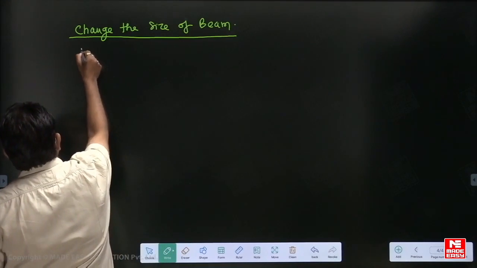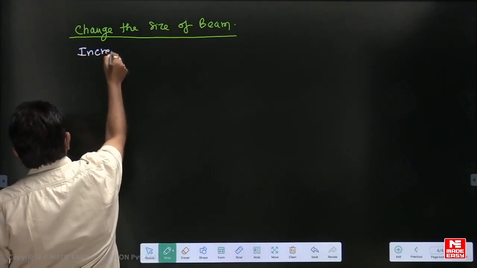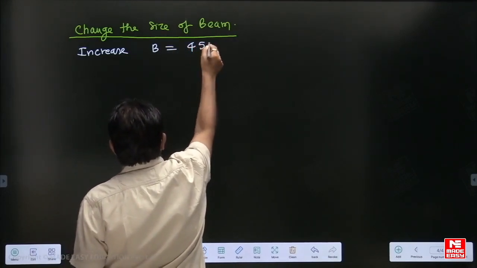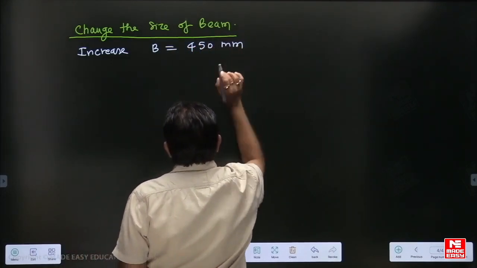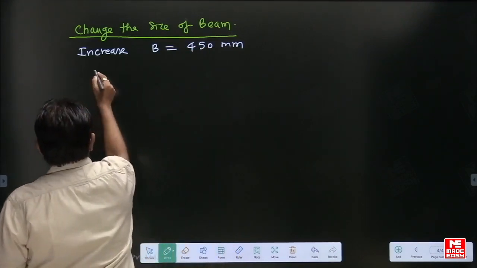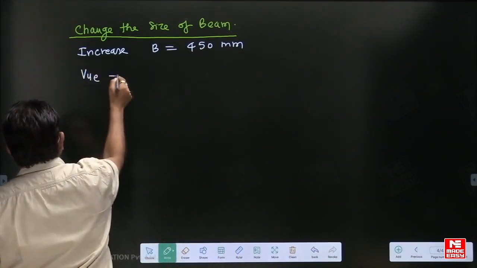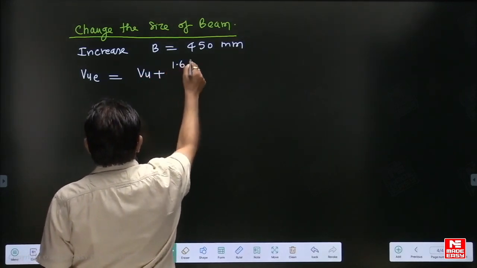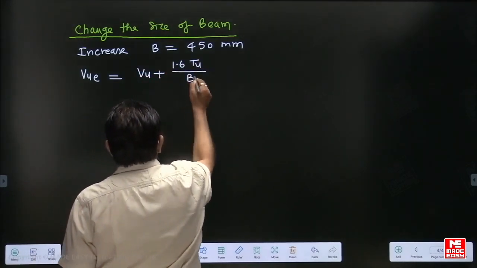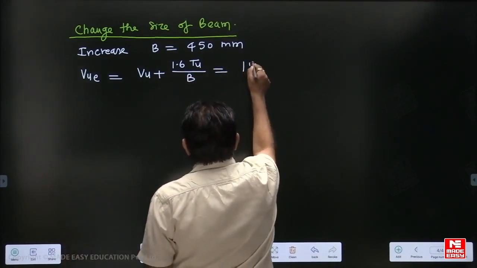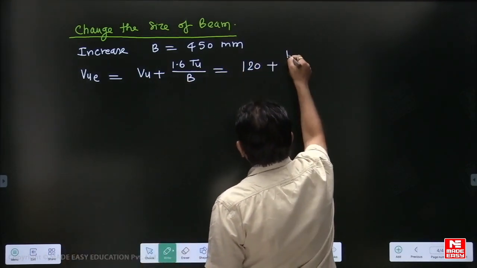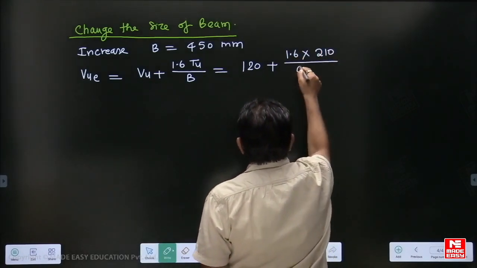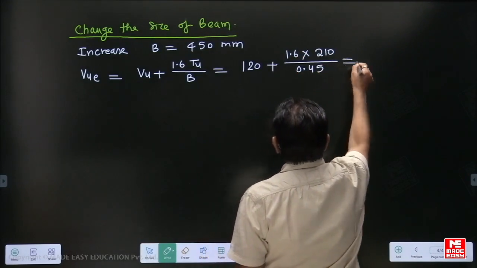Suppose I increase B to 450 mm. That will also make it safe. So in this case, now again calculate VU equivalent. VU equivalent will become VU plus 1.6 TU divided by B. Put all the values factored. 120 plus 1.6 into TU is 210 divided by, now you can write it 0.45.